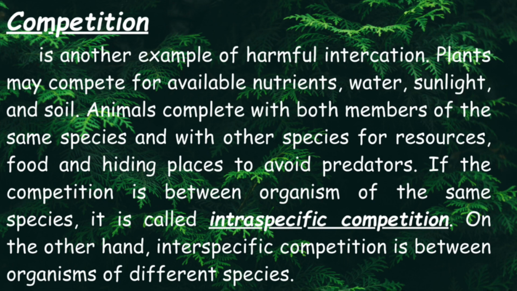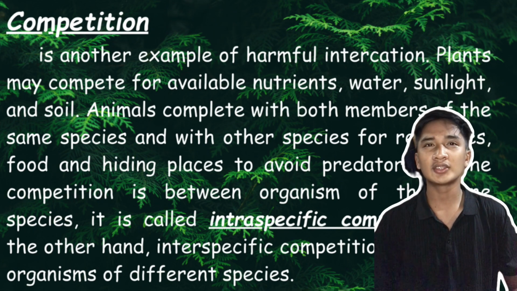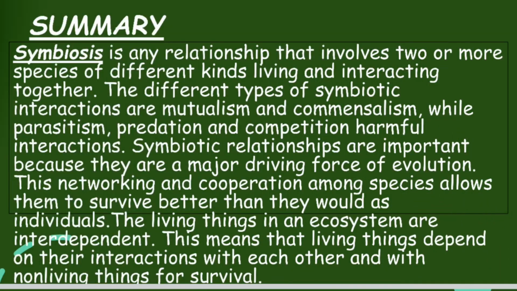If the competition is between organisms of the same species, it is called intraspecific competition. On the other hand, interspecific competition is between organisms of different species. One example of competition is trees growing taller to compete for sunlight, and two birds fighting over a worm.